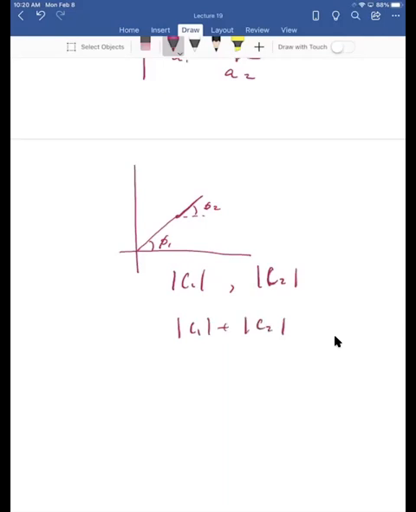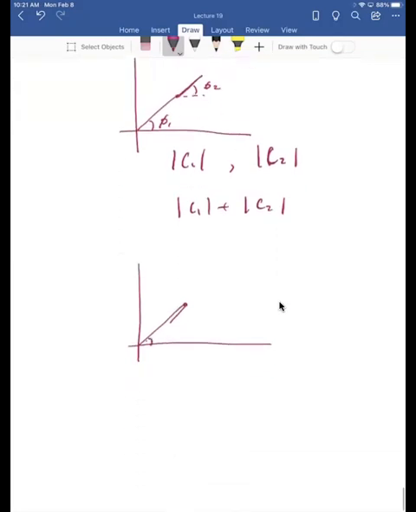And vice versa, another extreme that could happen is if phi 1 and phi 2 are pi apart. So this is phi 1 and this is phi 2. And I just have to shift the second one a little bit so you can see. So this is phi 1 and this is phi 2 equals phi 1 plus pi. Okay?